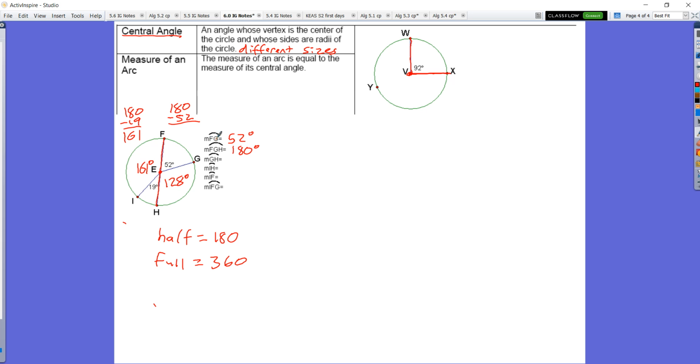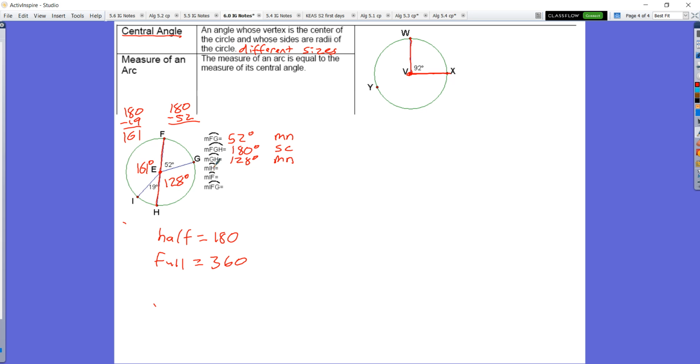This one is smaller than a semicircle, so that would be a minor arc. It also only uses 2 letters. This one would be a semicircle. It's exactly half, and it's using 3 letters to name that. Next, we got GH, 128 degrees. It only has 2 letters. It's less than a semicircle, so minor arc.